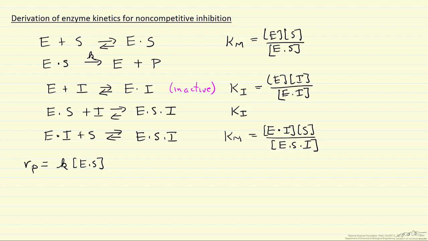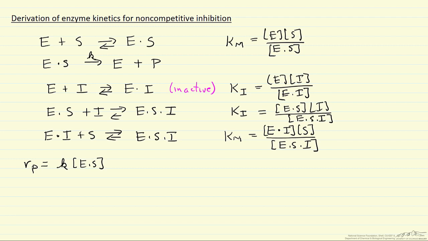Again, the idea is that the inhibitor reacting with the enzyme or with the enzyme substrate complex has the same dissociation constant. The fact that the substrate is bound to the enzyme does not affect the equilibrium for the inhibitor to bind. So I'll write this down.